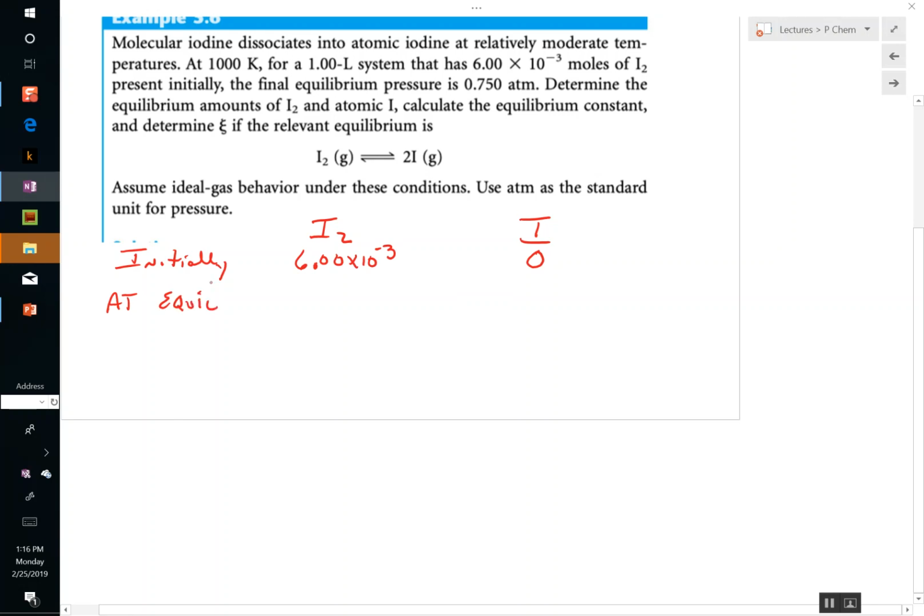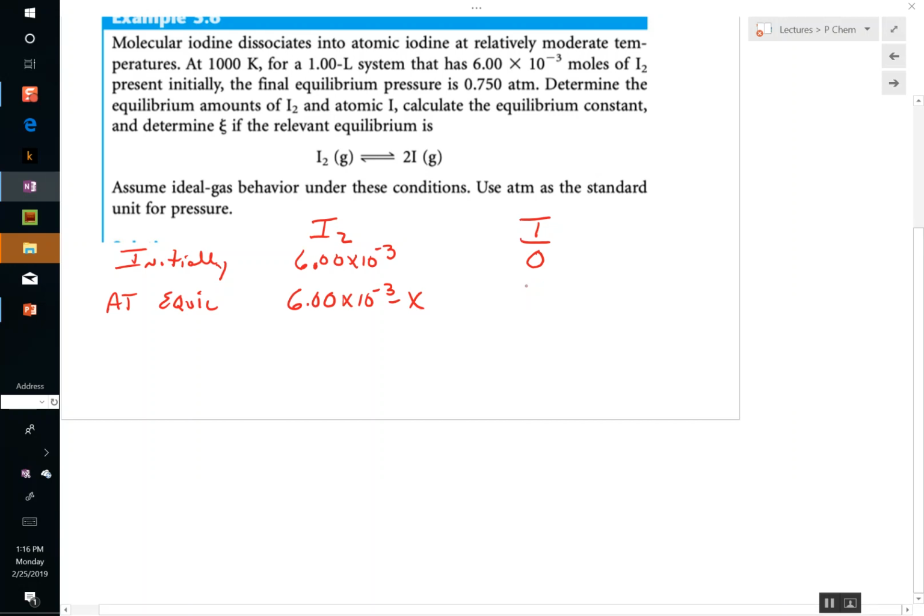At equilibrium, let's say X moles of iodine dissociates.